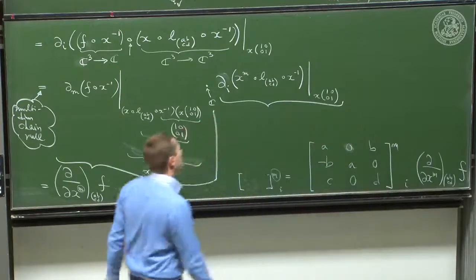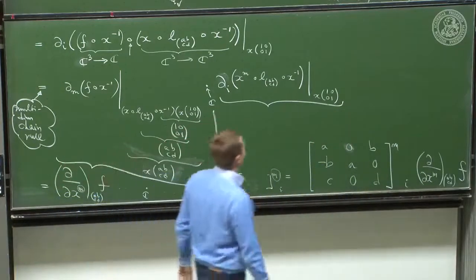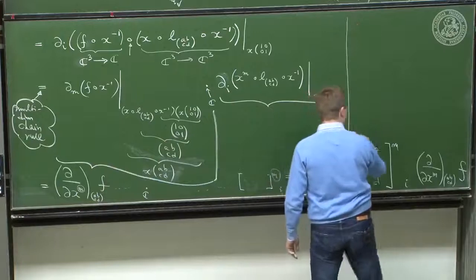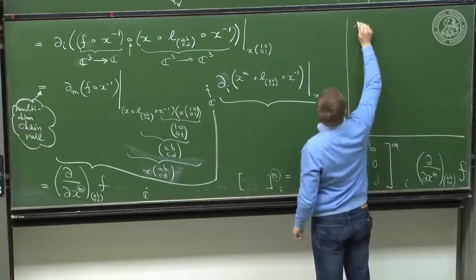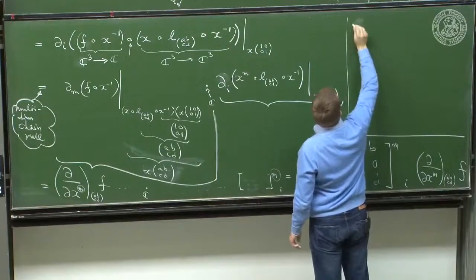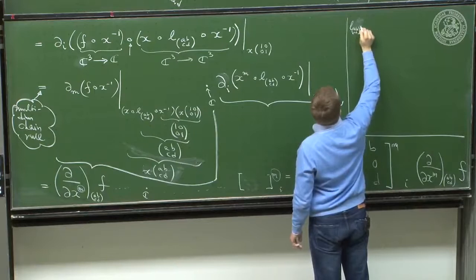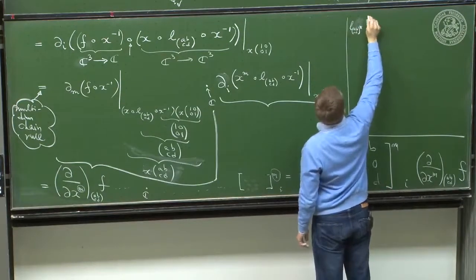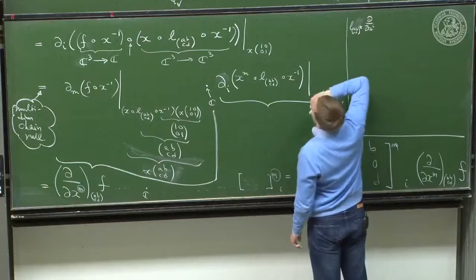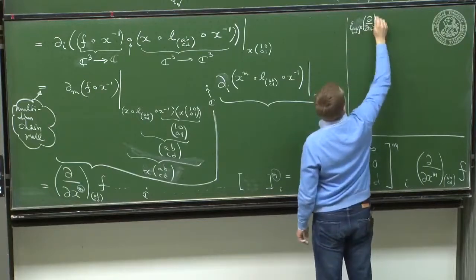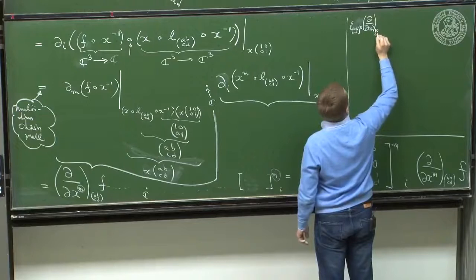Aha, there you go. So what did we find? Let me try to squeeze it here. We found that the push forward L sub a, b, c, d push forward on the ith coordinate induced vector at the identity.